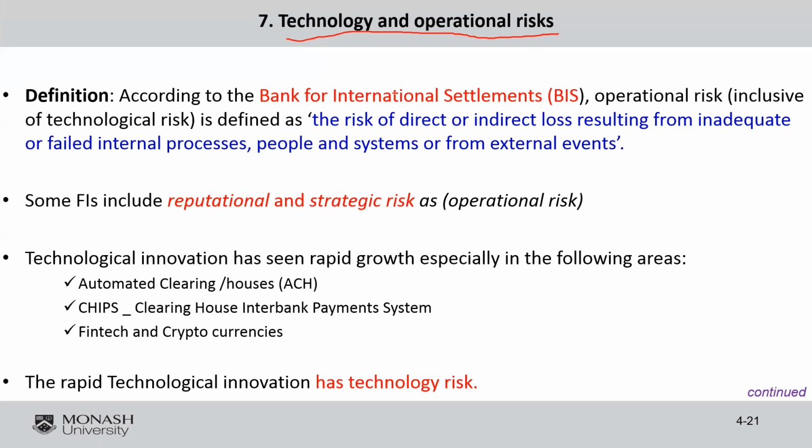Now, the other thing is, if there is failure of the people who are operating, or failure of the people who are running the bank, we call it operational risk. So the failure of technology, we call it technology risk, and the failure of people, we call it operational risk.